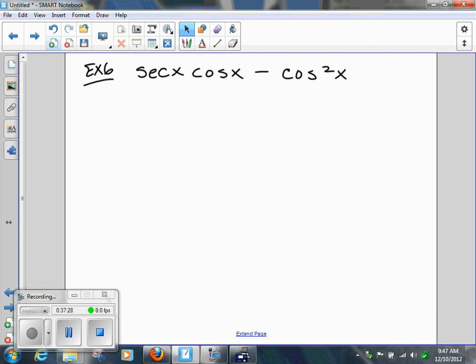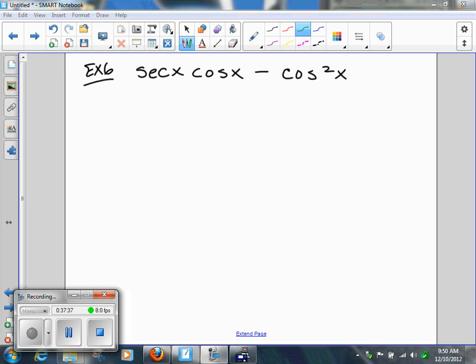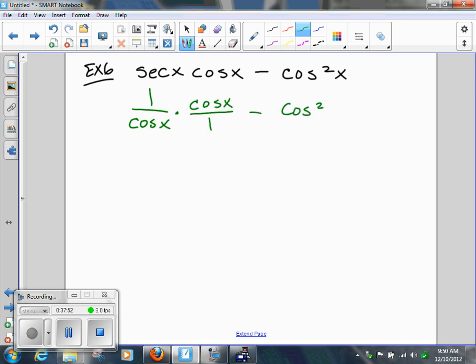Hey, do this problem. Simplify the left side. Okay. How can I rewrite secant? How can I rewrite this quickly? 1 over cosine times cosine over 1 minus cosine squared.